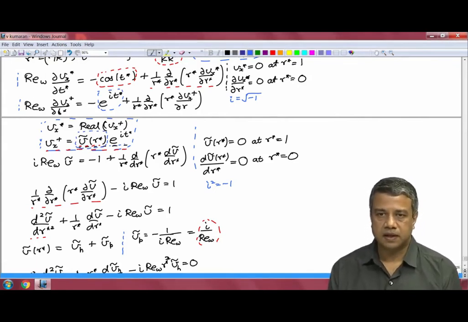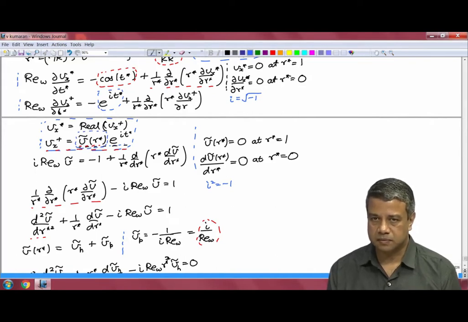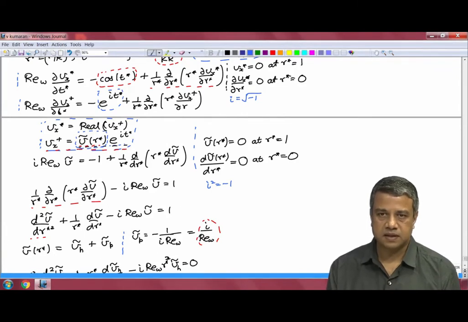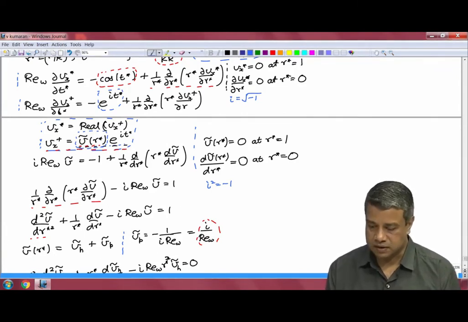Recall at the beginning I had told you that in general the conservation equations are partial differential equations. There is no general way to solve partial differential equations, and therefore, we have to use physical understanding to reduce it to an ordinary differential equation.